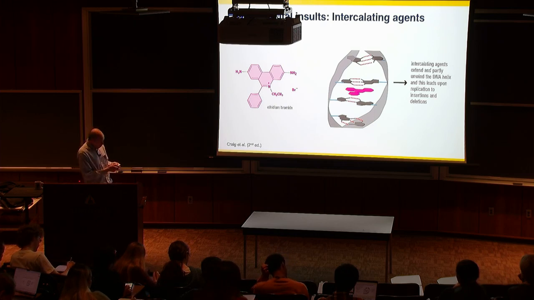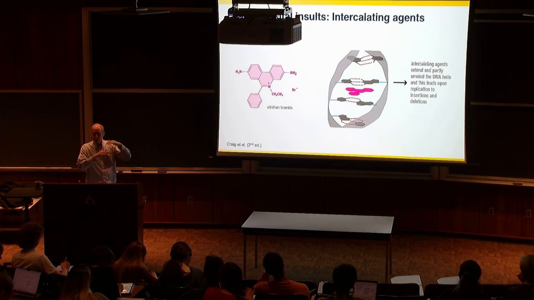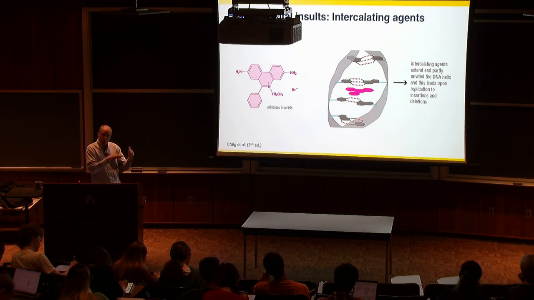But the problem with this is that from the DNA's point of view, if the ethidium hops in here, it moves the bases further apart from each other, and then during DNA replication, that can be a site at which DNA polymerase will make a mistake, thinking that that spacing is the right spacing, and add a base, for example, where a base shouldn't be. So actually, it turns out it can add or subtract, depending on whether that's the template strand or the newly synthesized strand that's happening to. And so intercalating agents like this give single nucleotide insertions or deletions as their mutations.